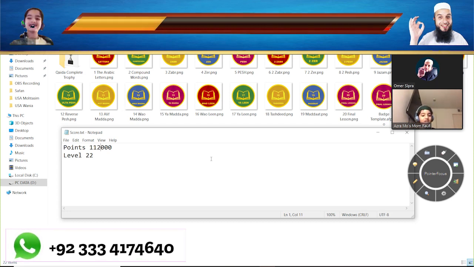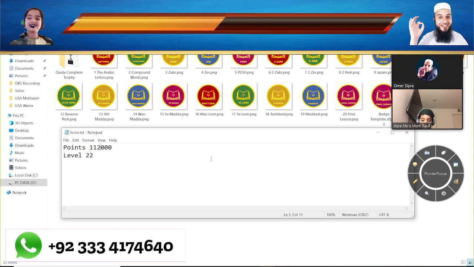All right. Go on. Why did Nuh alayhi salam make a boat if there was no water and everyone was laughing at him? Because Allah told him that there will be a lot of water and there will be a huge flood. That is why. Correct. And keep the animals safe. Yeah.